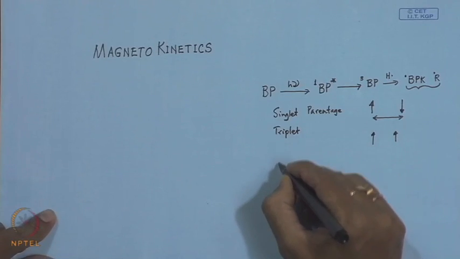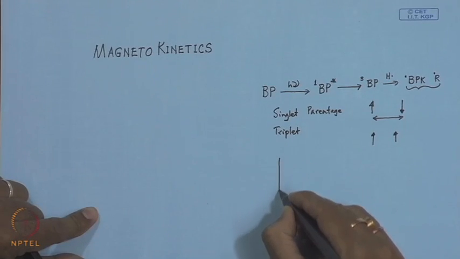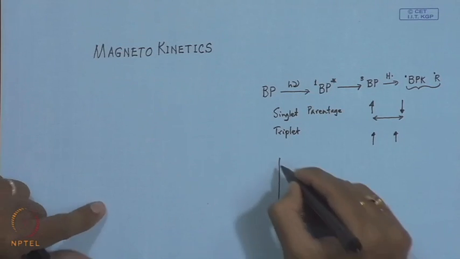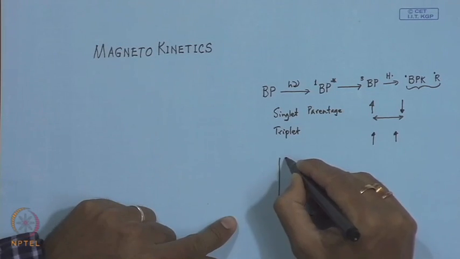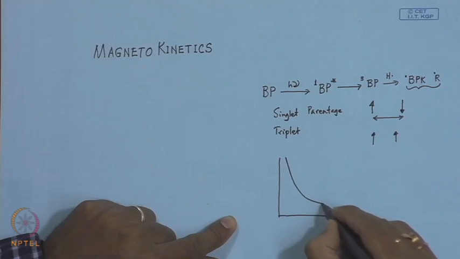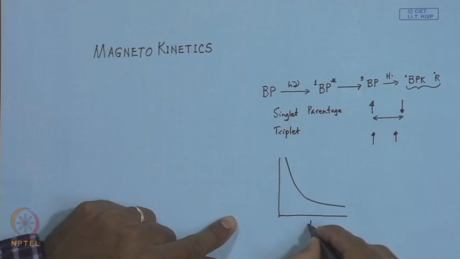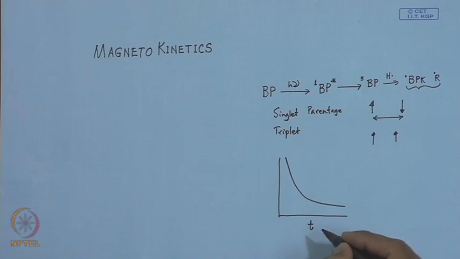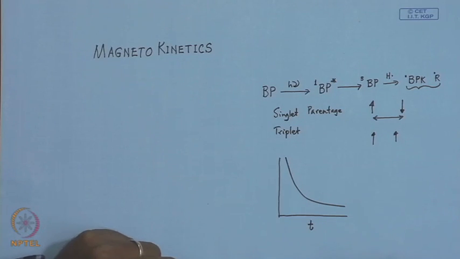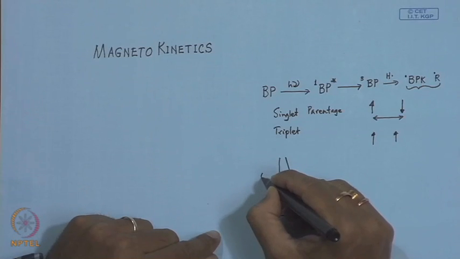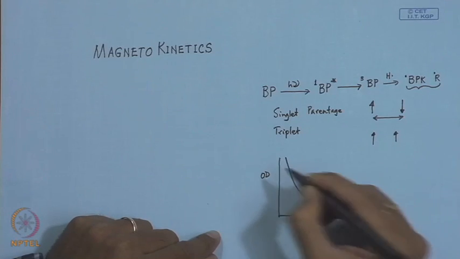In my last lecture I was giving you the idea about the signal, say this is the decay profile as a function of time. Of course, this time scale is of the order of several nanoseconds, maybe even 2 microseconds, and this is the OD, or delta OD.